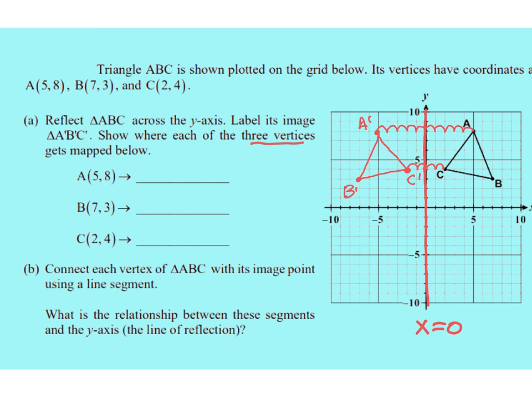So I can simply count. And B prime looks to me like it is negative 7, 3. So negative 7 comma 3. And I want you to look for a pattern here. C primed would be negative 2, 4. And A primed would be negative 5, 8.